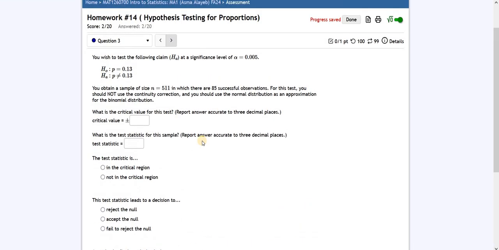So to answer question number 3, you wish to test the following claim at a significance level alpha equals 0.005, or 0.5%. The null hypothesis states that the proportion is equal to 0.13. The alternative states that the proportion is not equal to 0.13, or it is different from 0.13.